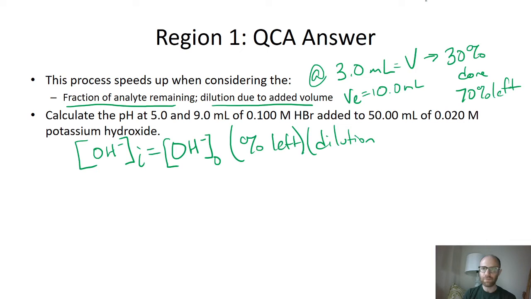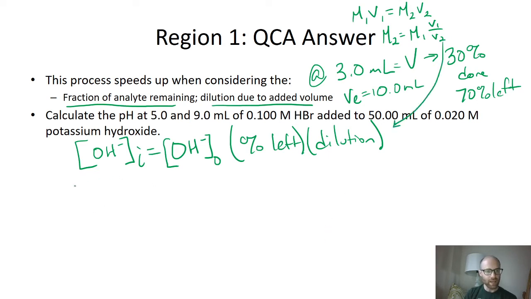And remember from dilution, M1V1 equals M2V2. So M2 is equal to M1 times V1 over V2. Since we've already gotten M1 right here with our initial hydroxide, this V1 over V2 should show up over here in our dilution factor.